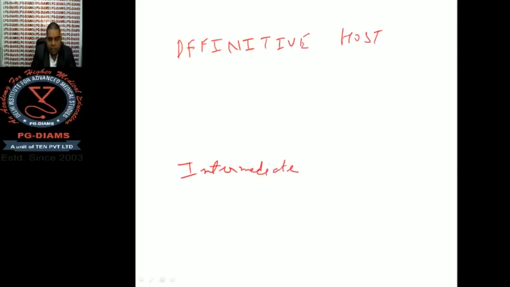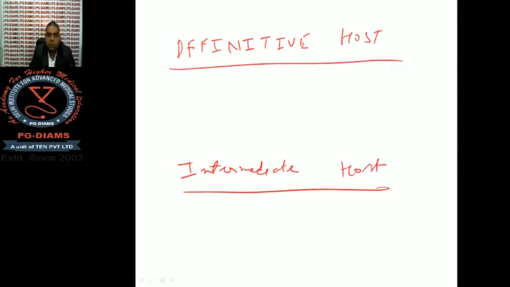but there was one more term which you need to know, that is definitive host and intermediate host, because many a time regarding various diseases this concept is being asked, that which of the following is intermediate host or which of the following is definitive host.